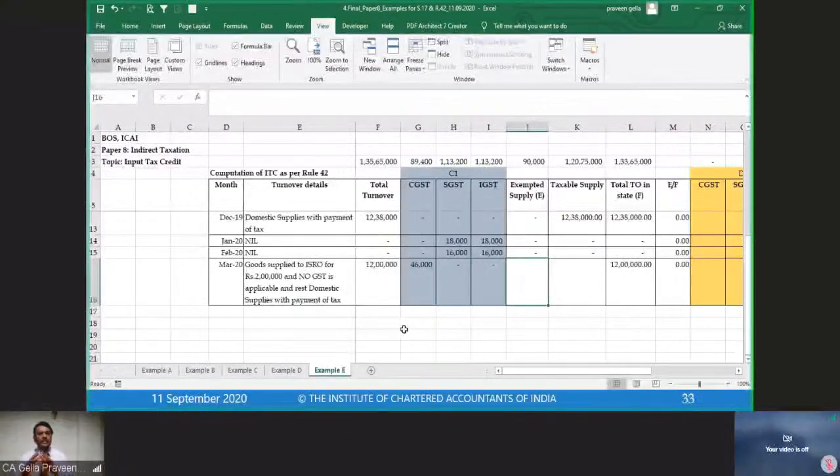March, goods supplied to ISRO for 2 lakhs and no GST is applicable, and the rest is domestic supply. So out of 12 lakhs, 2 lakhs is supplied to ISRO where there is zero tax rate coming under 247. The moment it comes under 247, it will also come under my exempt supply. So the value of exempt supply during March is 2 lakh.